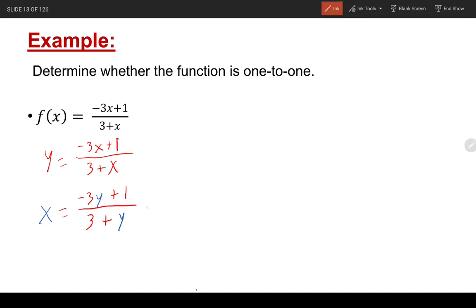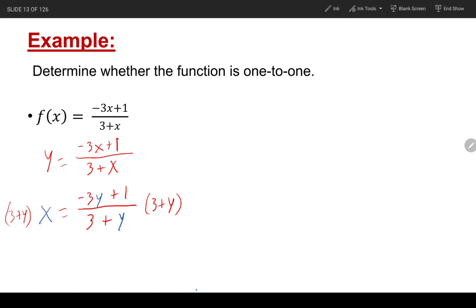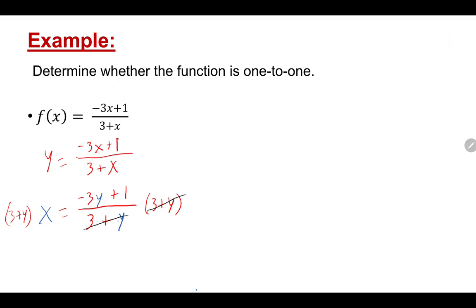So first thing, I'm going to multiply both sides by 3 plus y, treating that 3 plus y as a single term. Then the great thing about that is that this cancels this.